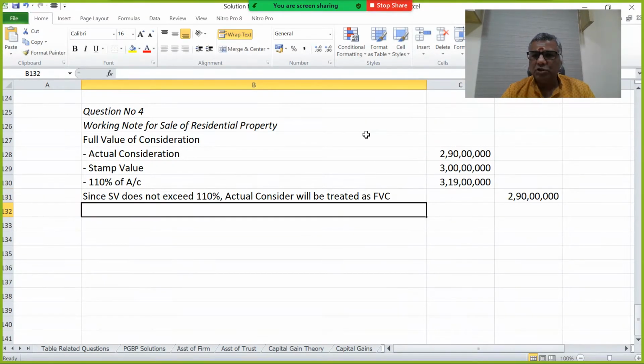So I will take the actual consideration of 2 crore 90 lakhs.